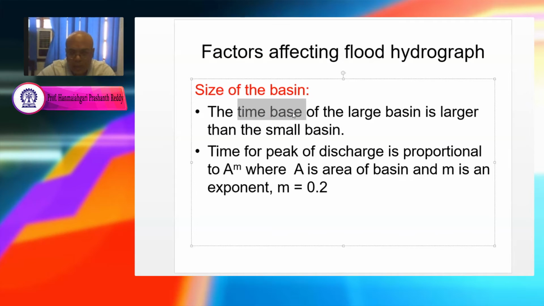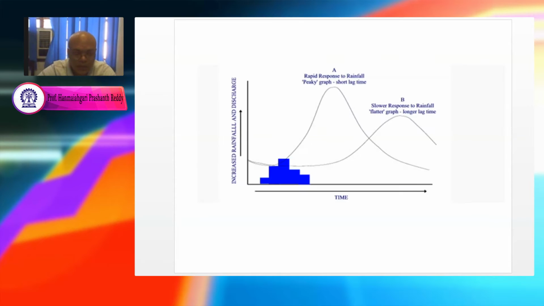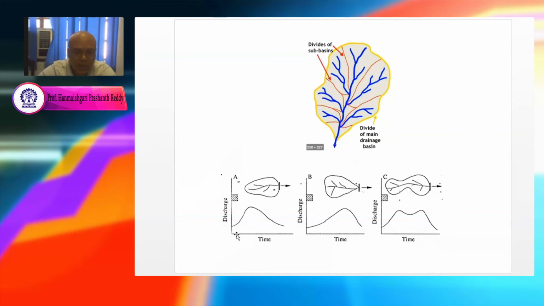The time base of a larger basin is larger than that of a small basin. If you look at this figure, this is the time base. So for larger basins, the base time will be larger.